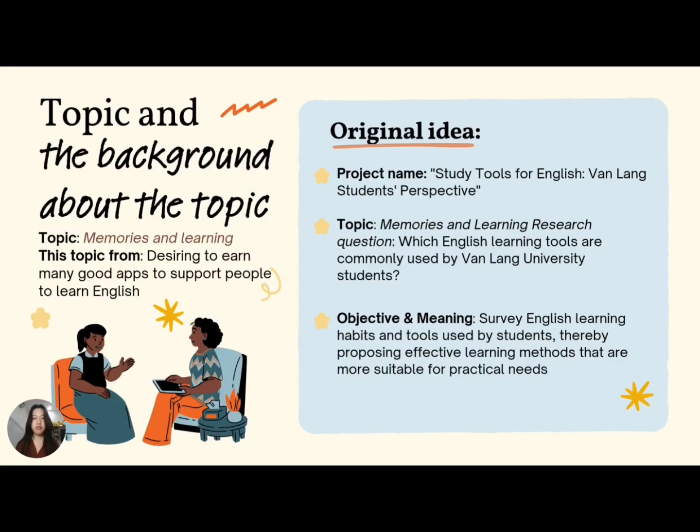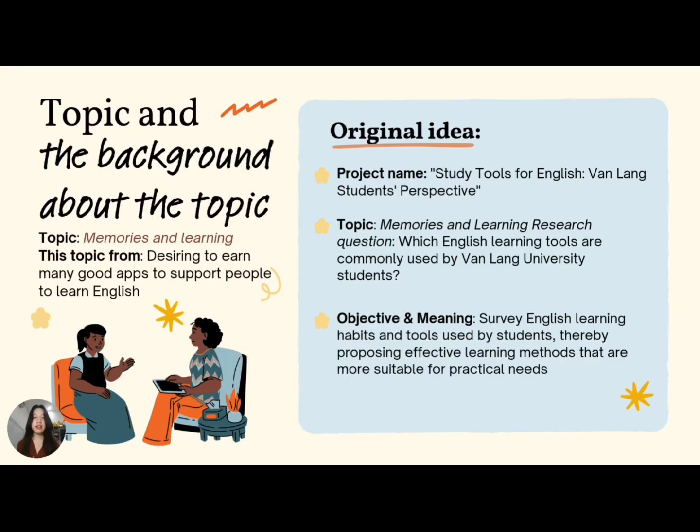Our research focuses on these main questions: which English learning tools are commonly used by Văn Lang University students? To answer that, we created a short survey and collected responses from different students at our university.